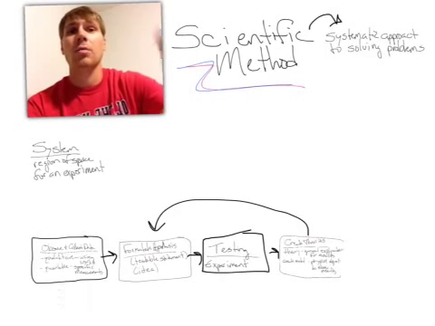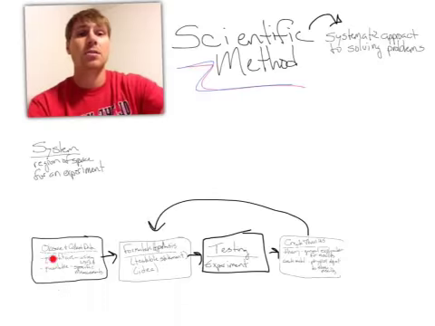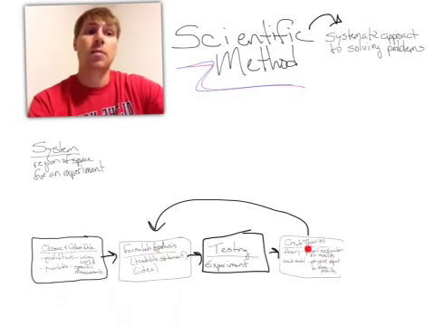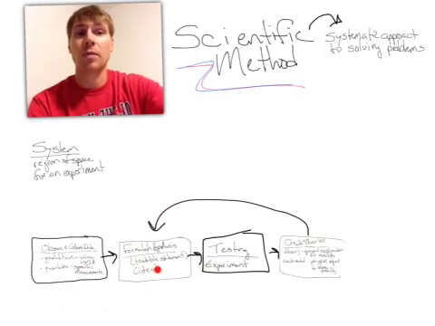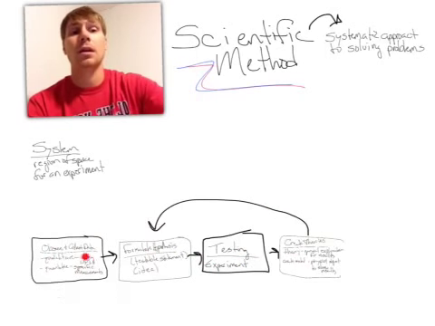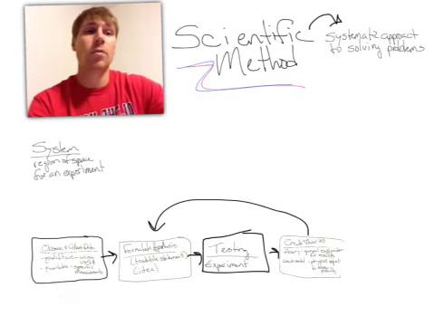Okay, now we're going to make this circle lots and lots of times. So we're going to observe, create an idea, test it, come up with an explanation, and we might have to go back, formulate a new hypothesis, create a new idea, go through that process, and you can see how this is a circle.